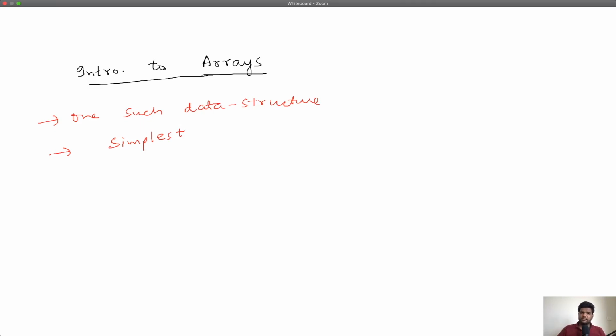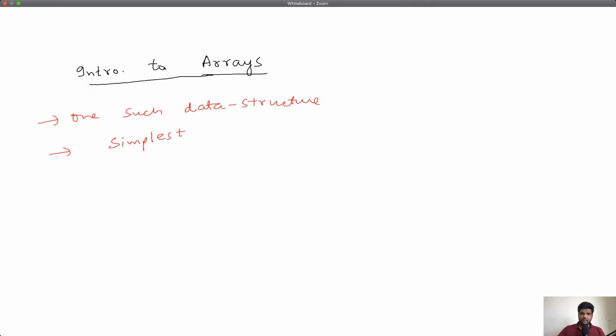Whenever we are learning a data structure, what we want to do is understand the structure of that data structure. So how are the elements organized in that data structure? And then we want to learn some algorithms to do certain common tasks using that data structure.